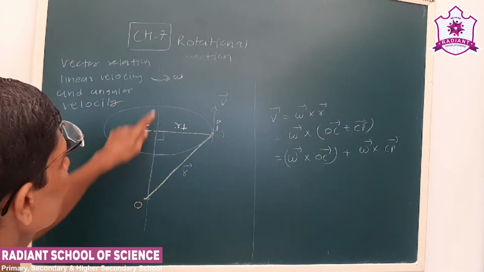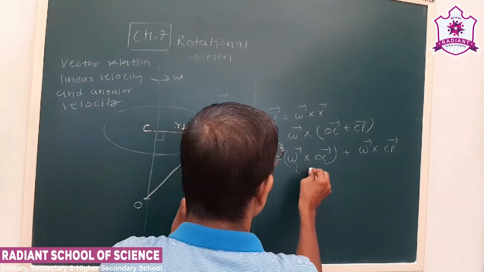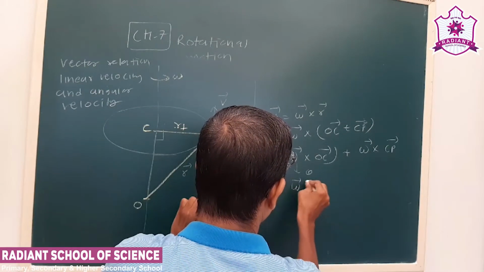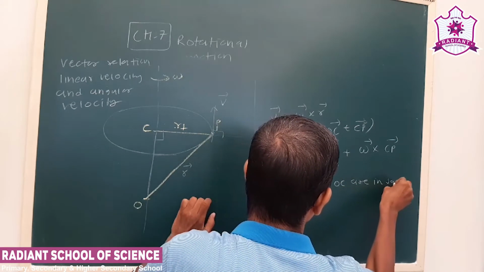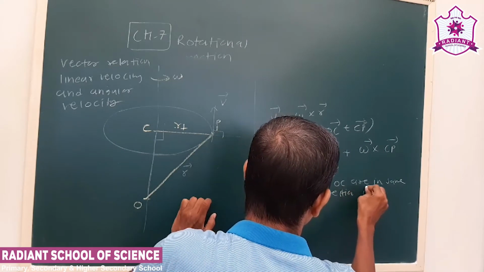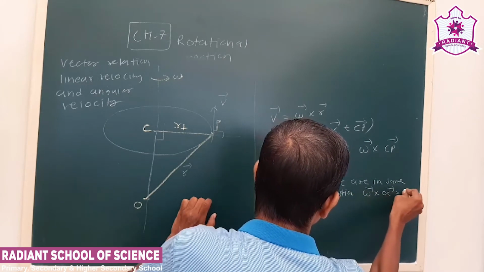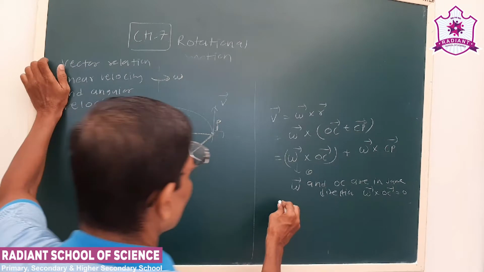From the diagram, omega and OC are in the same direction, so theta is 0, and omega cross OC will be 0. Now CP is a perpendicular distance, that is r perpendicular.